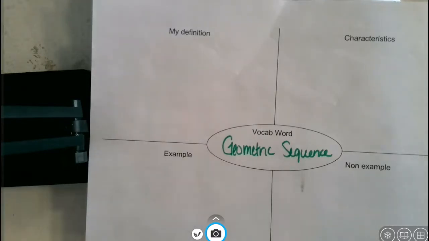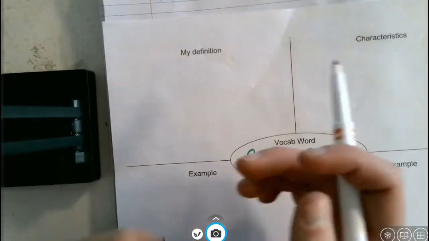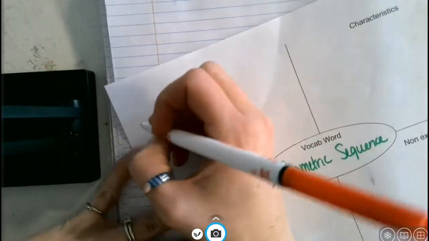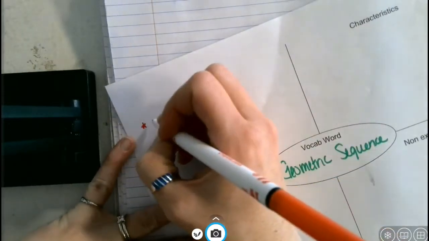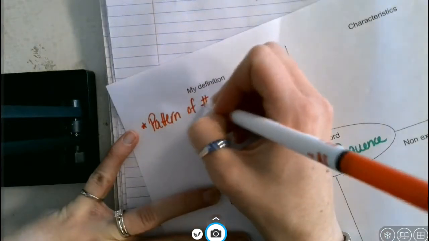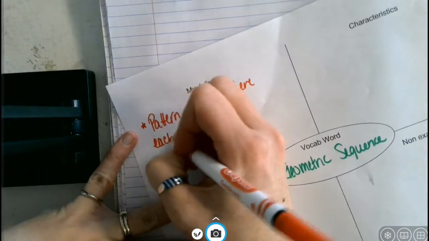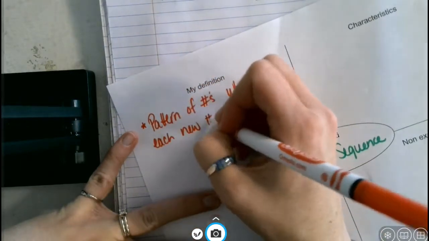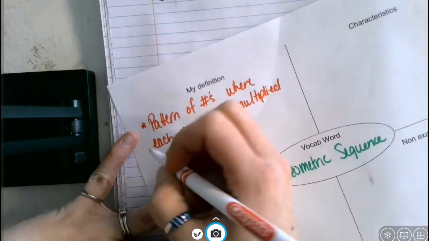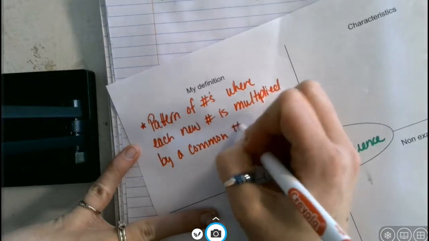So we need to come up with our own personal definition. The definition that I like to think of for a geometric sequence is a pattern of numbers, right? And a sequence is always kind of a pattern, where each new number is multiplied by a common number.